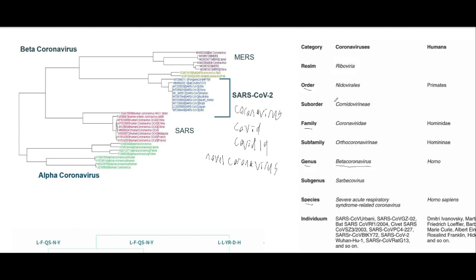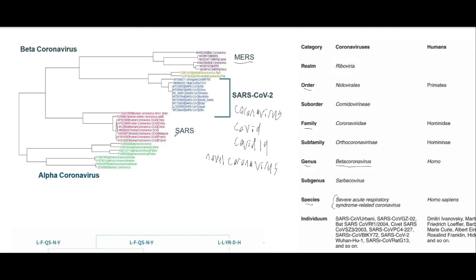So this is the taxonomy of COVID-19, of SARS-CoV-2, and it's quite related to MERS, the Middle Eastern respiratory syndrome, where SARS stands for severe acute respiratory syndrome.